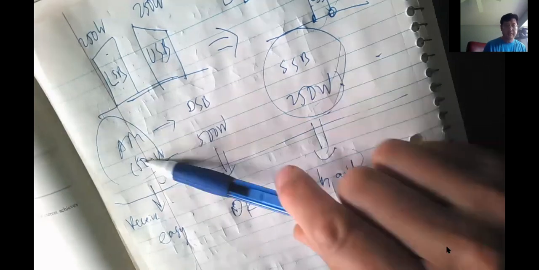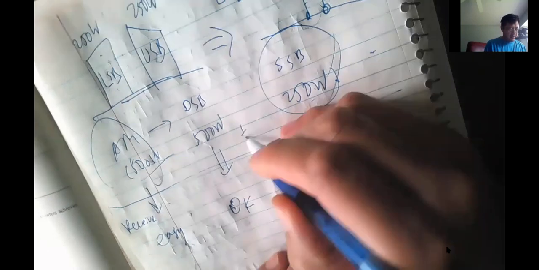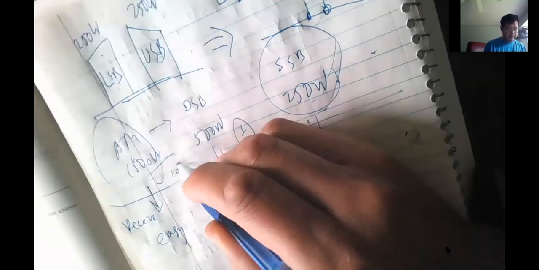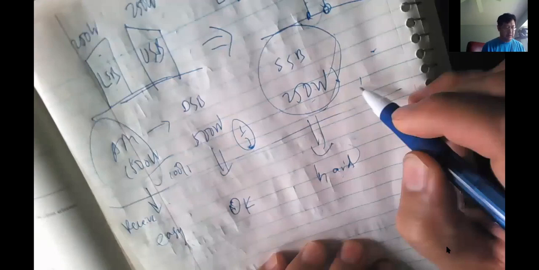With SSB, the same battery lasts 6 times longer than AM, because power is only 1/6 of AM. DSB is 1/3 of the power. AM is 100%, DSB is 1/3, and SSB is 1/6 of the power compared with 100 power AM.